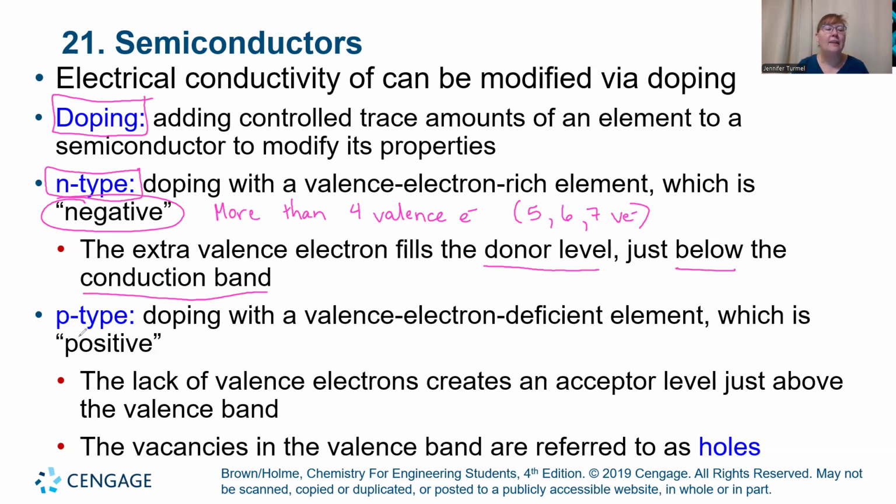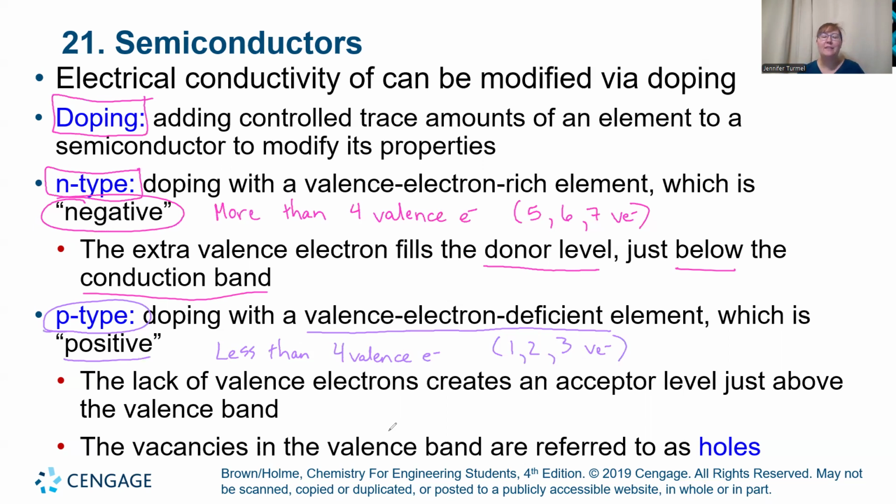All right, now let's take a look at p-type doping, and P for positive. This is going to have a valence electron deficient element, and that means it's going to have less than 4 valence electrons. So it could have 1, 2, or 3 valence electrons for a P or positive type doping.